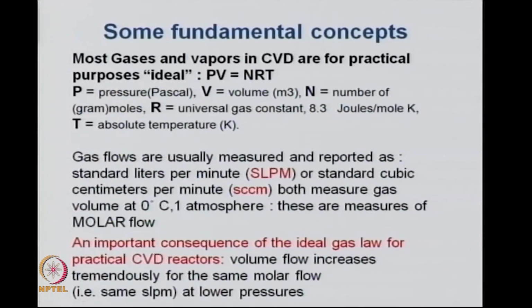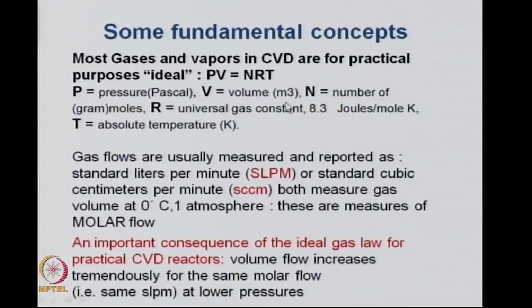So, this is an approximation, and the ideal gas law, as all of you know, is PV = nRT, where P is pressure, V is volume, n is the number of moles of the gas, R is the universal gas constant, and T is the absolute temperature in Kelvin. So, the units are important.